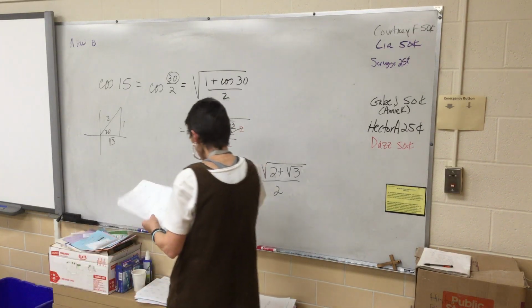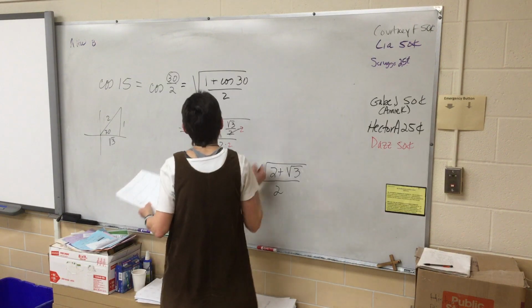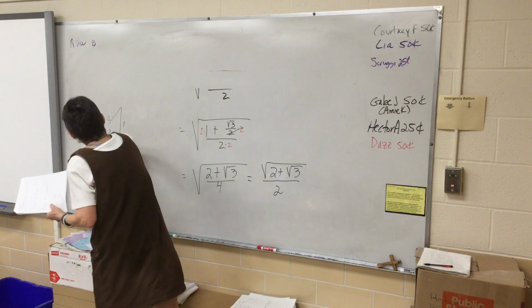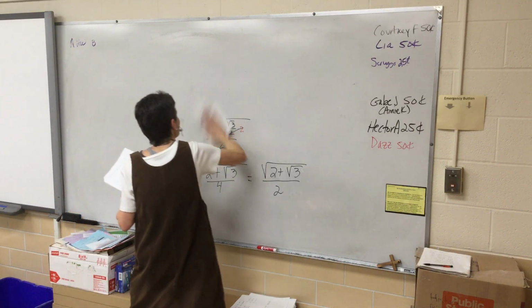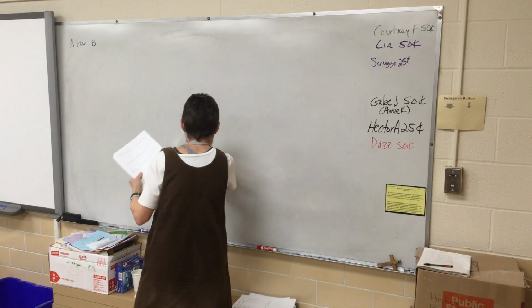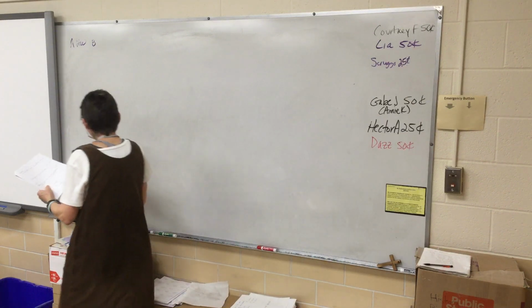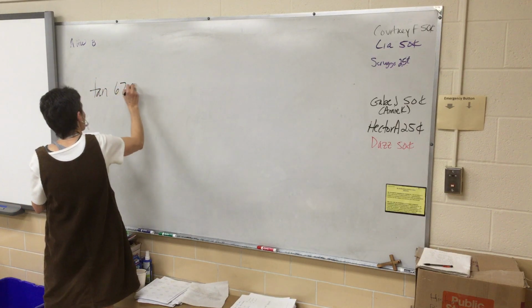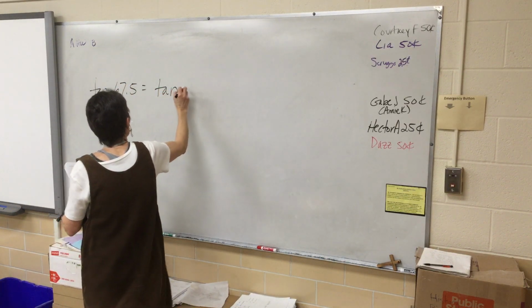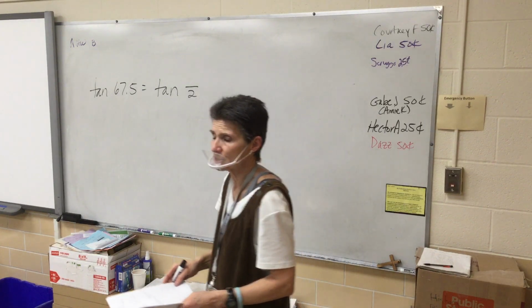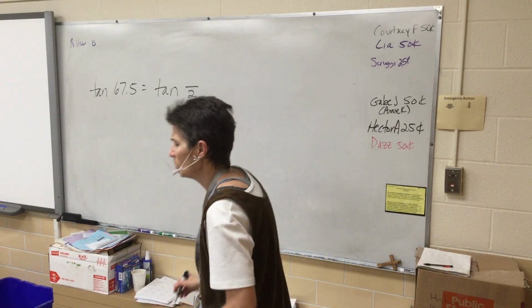Let's do the tangent of 67 and a half, using, obviously, the half angle identity. There's really no other way to do 67 and a half. It is what divided by 2? 135.